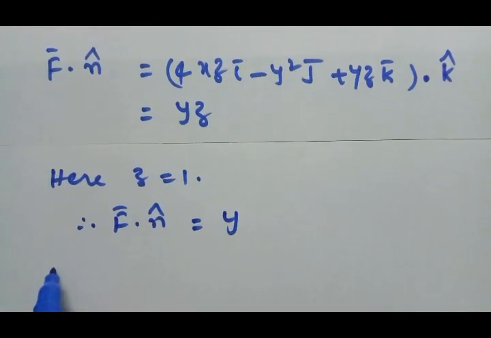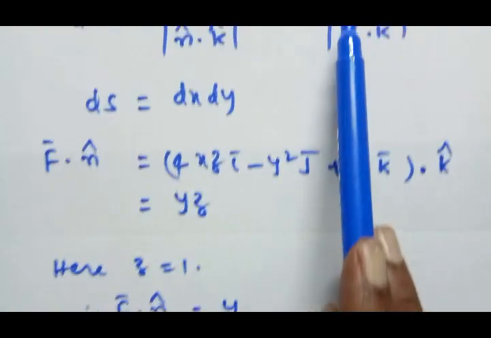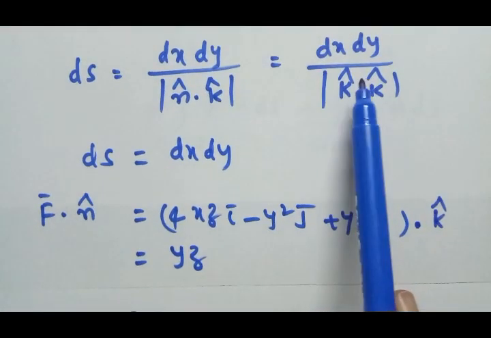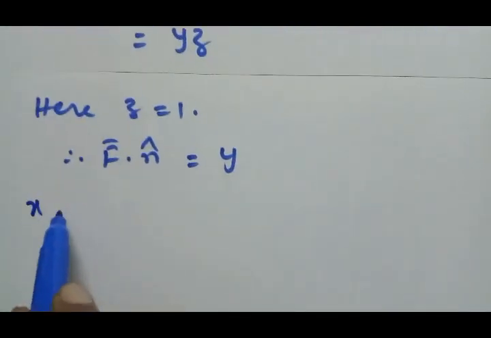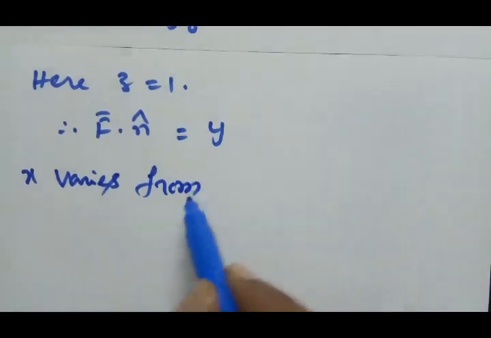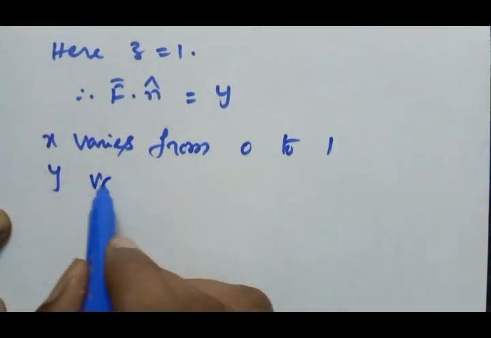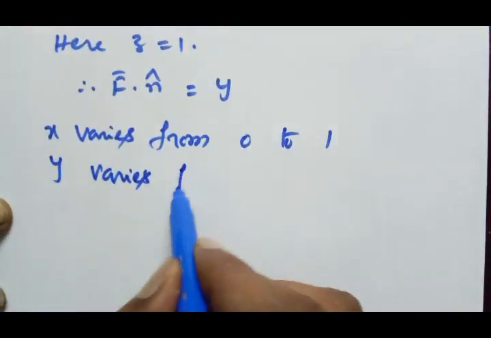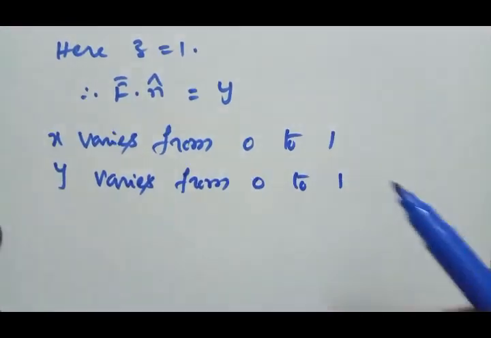Therefore here the limits for x and y: x varies from 0 to 1, and y varies from 0 to 1.